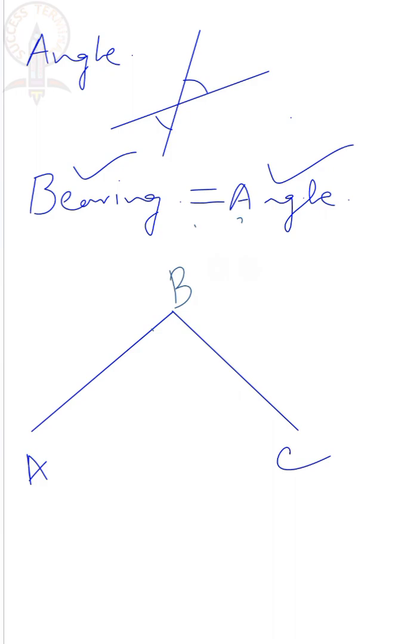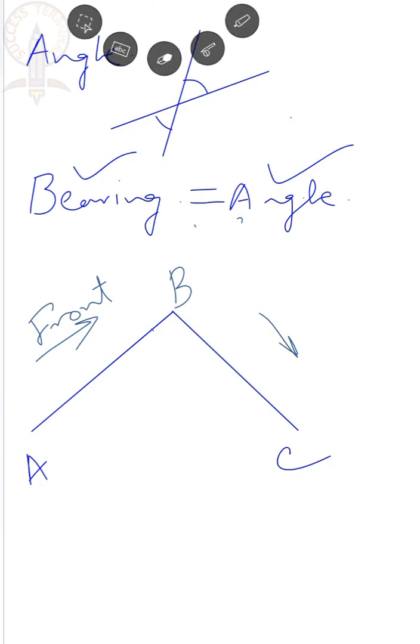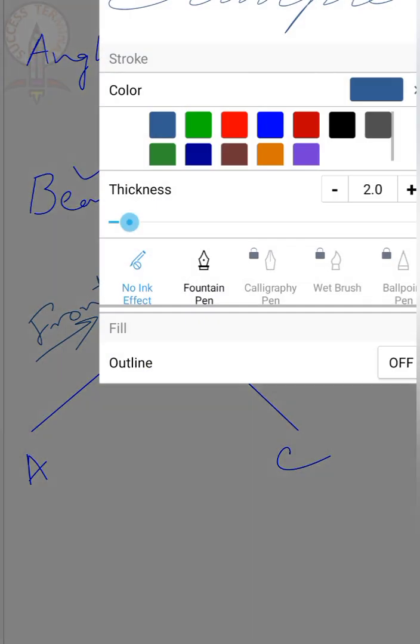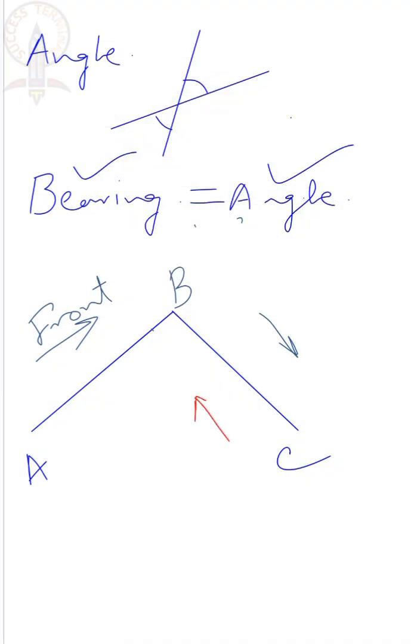Therefore this is your front side, and this is your back side. If this is the front side, the bearing in the front direction will be known as fore bearing.